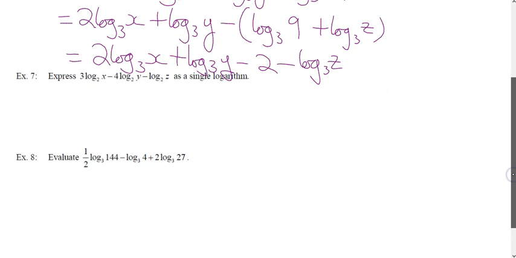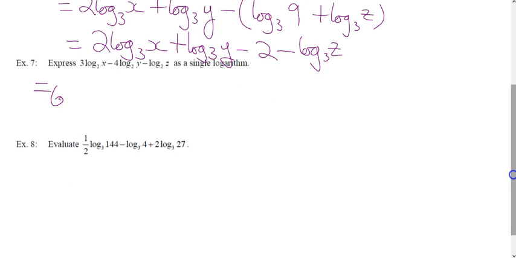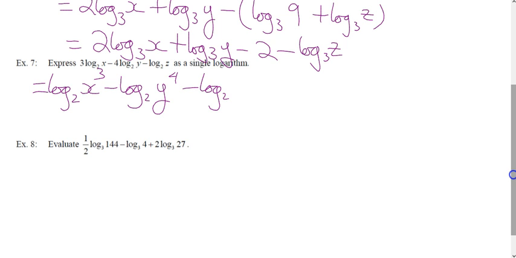And let's put it all together. So what's the start? Why was there a jump? Okay, so we start with log base 2 of x cubed minus log base 2 of y minus, so ultimately, what do we got?